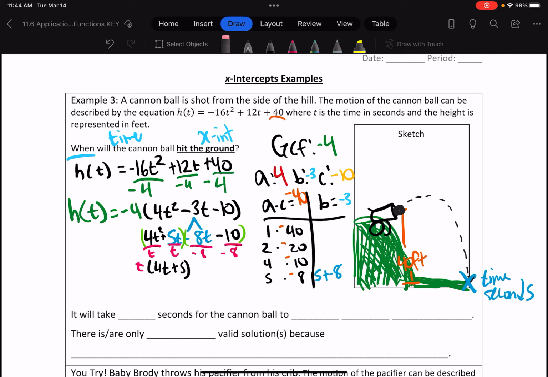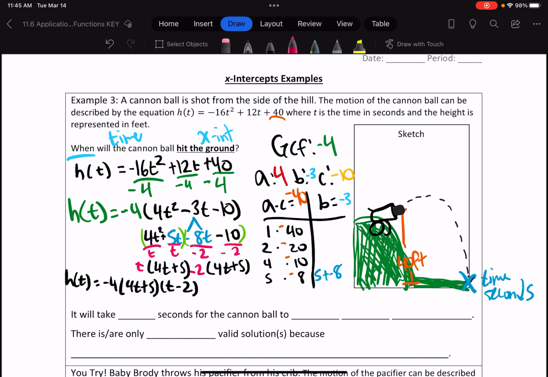Or excuse me, not a negative 8. A negative 2 from my second grouping. Which is going to leave me with 4t plus 5 again. So my factored form here is h of t equals negative 4 times 4t plus 5, and then t minus 2.